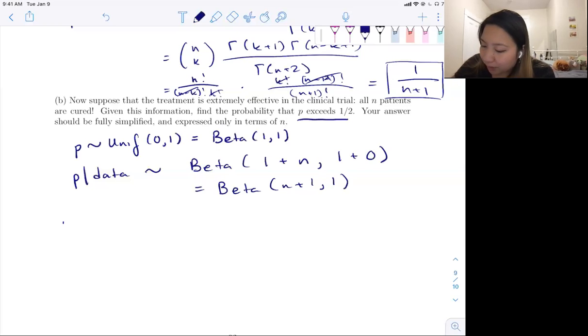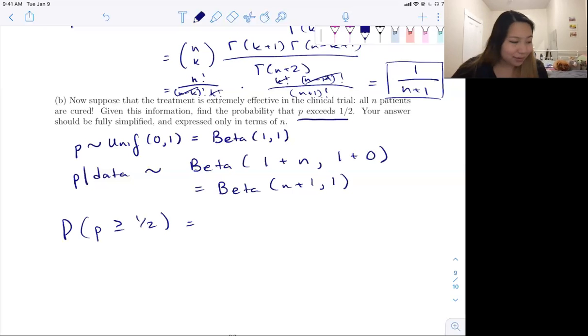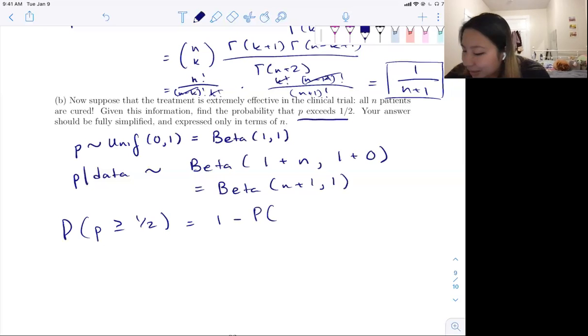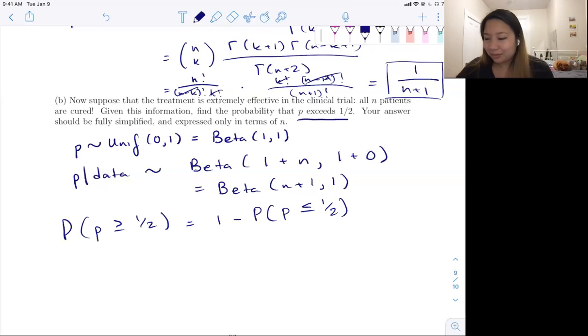And we want to find the probability that P is greater than 1/2. This is going to be some sort of CDF-ish thing. So it's going to be 1 minus the CDF, P less than or equal to 1/2. Because it's continuous, I can keep the equal to.